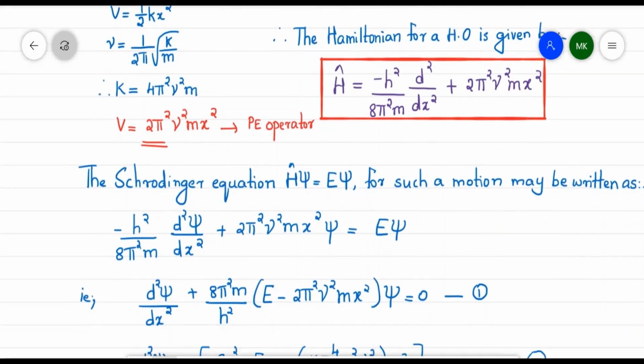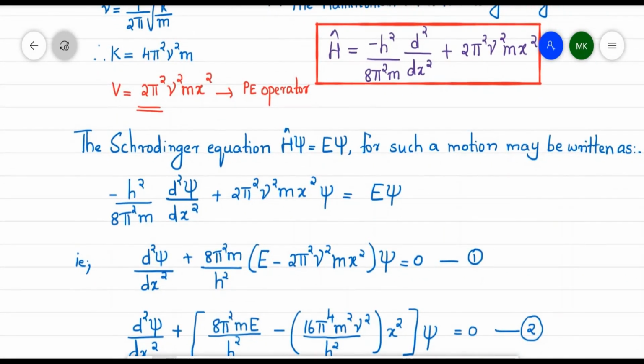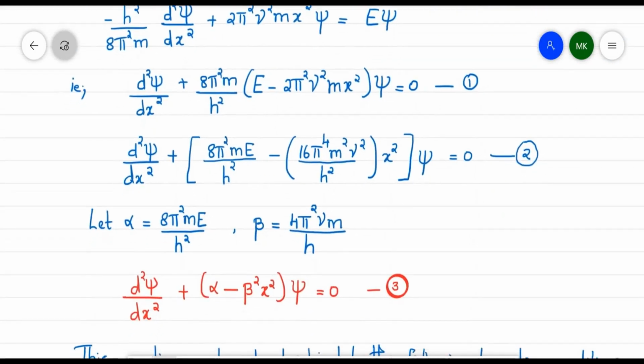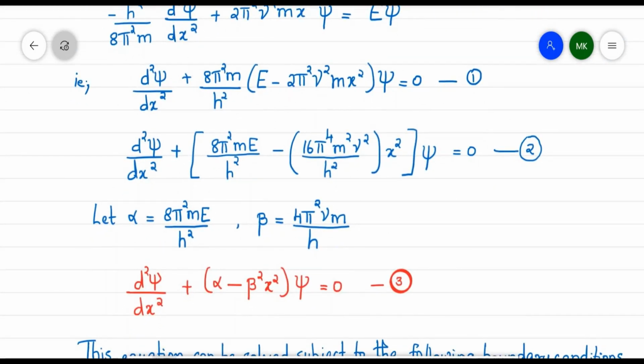And the Schrodinger equation becomes minus h square by 8 pi square m d square xi by dx square plus 2 pi square nu square mx square xi equals E xi. We rearrange the equation and give substitution for alpha and beta.